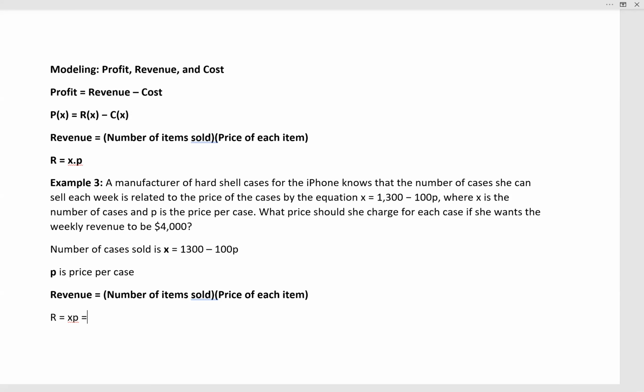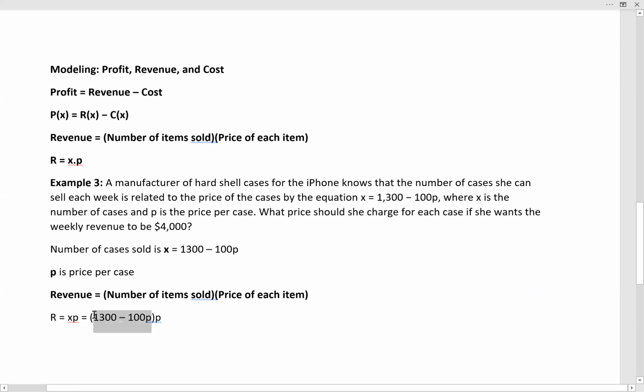Okay, so now what is x? I have 1,300 minus 100p. Okay, don't forget the parentheses because that is important. And then that is just x. I need to multiply with one more p because there's a small p here, right?